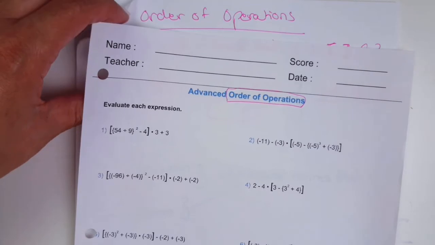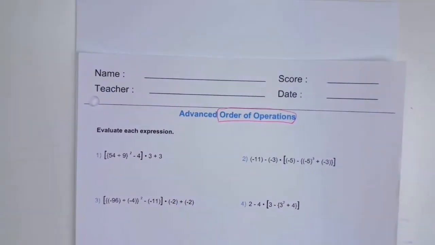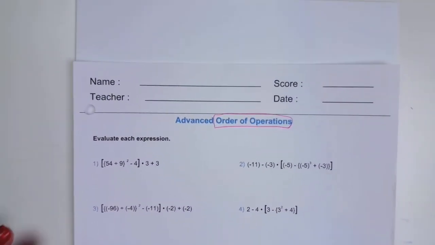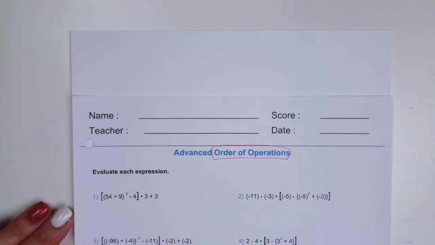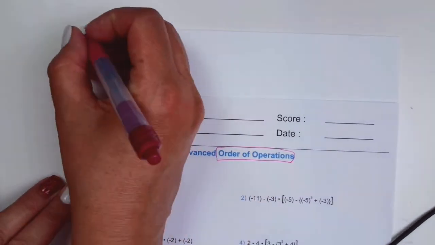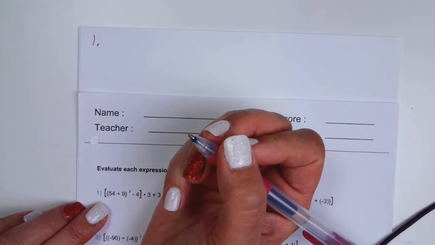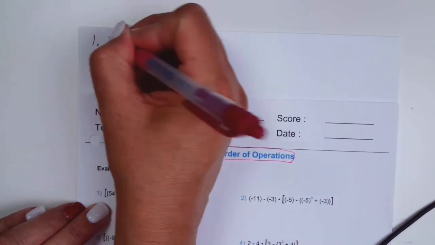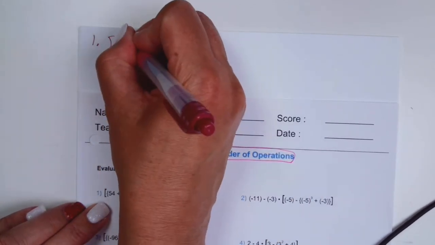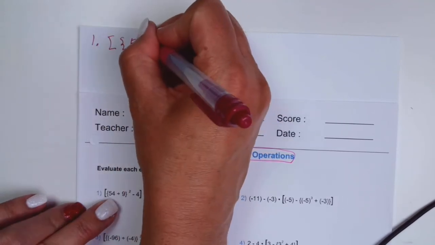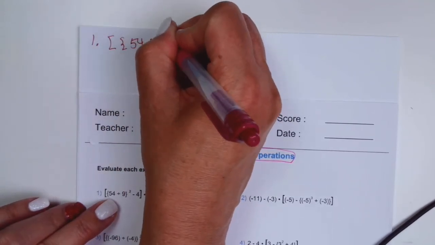worksheet. I'm going to use a separate piece of paper just so that I have enough room here. So I'm going to start with the first one, and we start with brackets. Braces, 54 divided by 9.